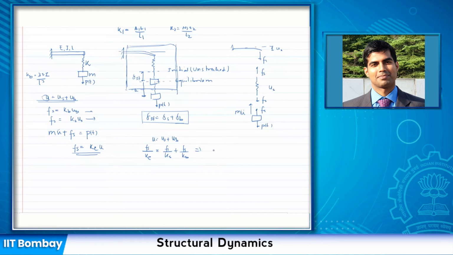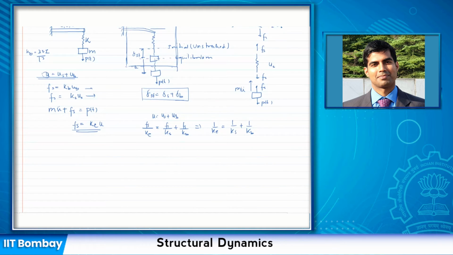So that gives me the equivalent stiffness equation, which you might be familiar with, but I'm just repeating here for a structure. You might have seen this for resistance, for different types of series and parallel connections, but I'm just repeating here for a structure. I'm going to come to the series and parallel connection. So what do you see here?